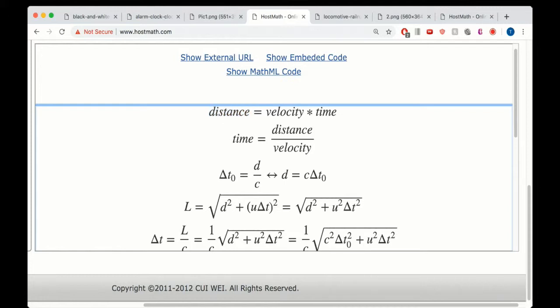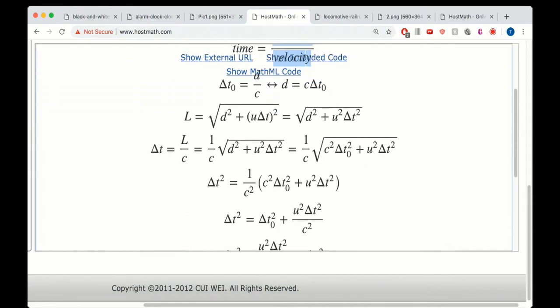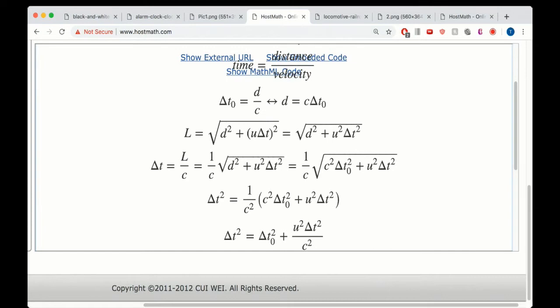Now, we'll rearrange this equation to get time on one side, and that equals distance over velocity. We'll denote the time of one tick of our light clock to be delta t0, which is the time it takes for the light to travel from one mirror to the other mirror.